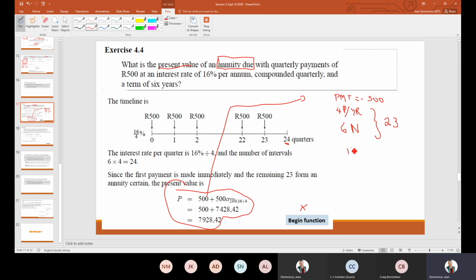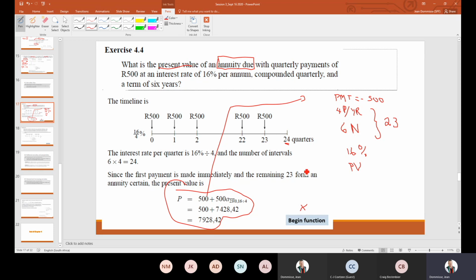It will be your 16%. And what else are there still? So that is it, and then we will get a present value. So let's quickly see on the calculator how I would have done that in the normal way.